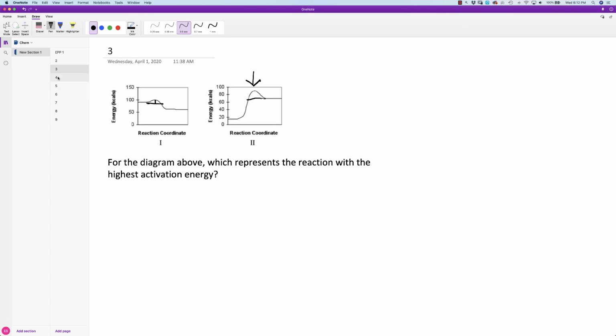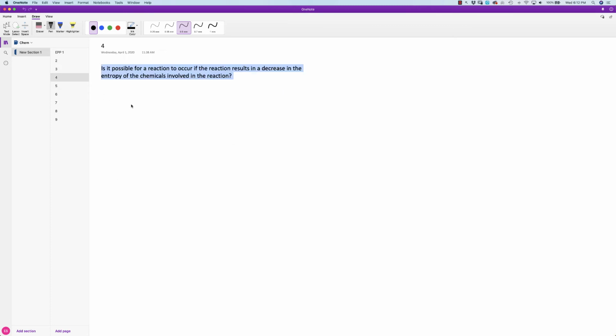Number 4. Is it possible for a reaction to occur if the reaction results in a decrease in entropy of the chemicals involved in the reaction? Okay, the answer to this is yes, it can. The heat released must be taken up by the surroundings.